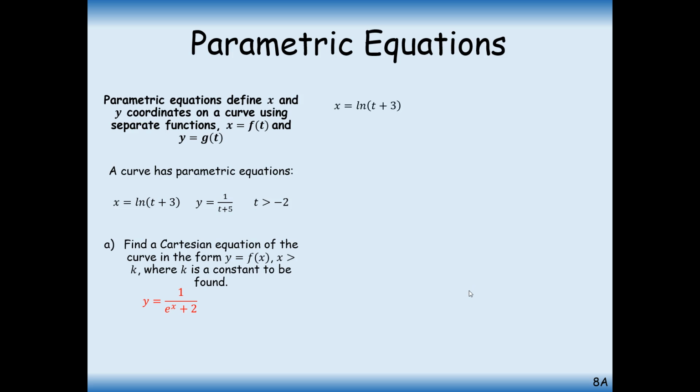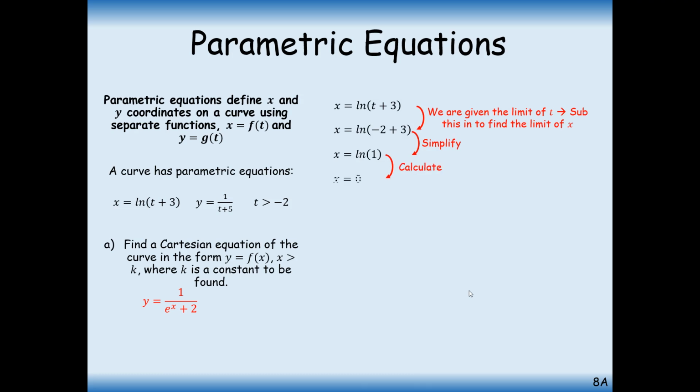Now in the second part, this is just defining that the range of these values will be always positive. X will be always positive. Therefore, the lowest value for x is 0.